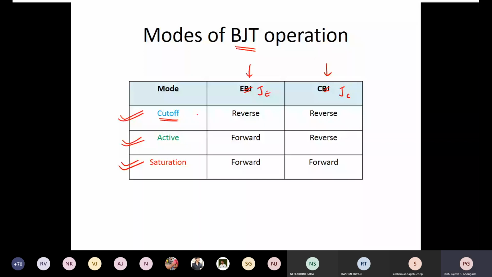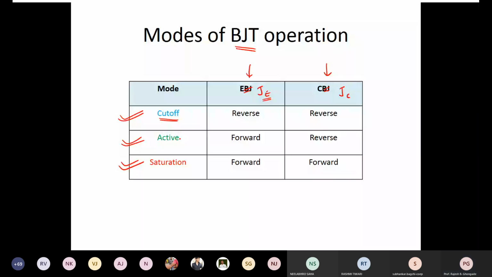Whereas if I have the emitter junction forward biased and the collector junction reverse biased, this is a very interesting combination. We say that the mode of operation is active. It will be an oversimplification if I say the gate is halfway open. It's not like that, really speaking, but for the timing, you can assume it to be like that.